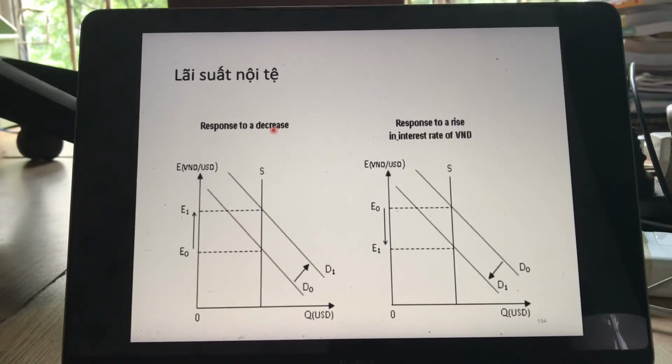People always invest in the asset that has a higher return, right? And when the domestic interest rate decreases, Vietnamese people tend to hold more foreign assets because they have a relatively higher return, right?